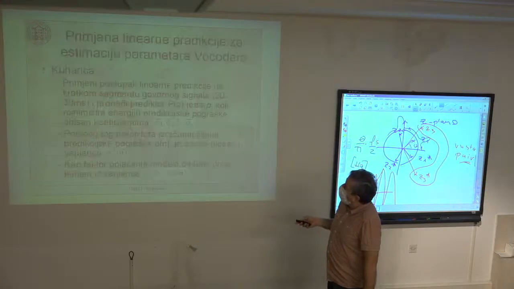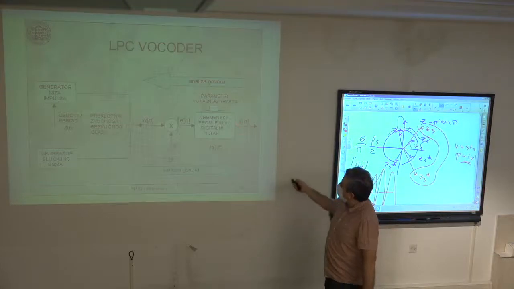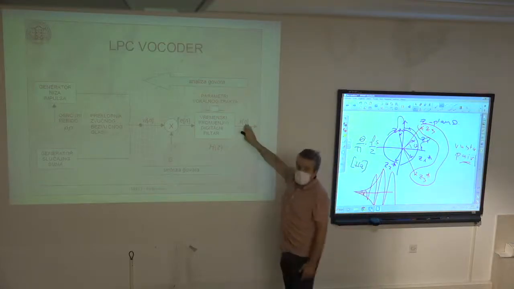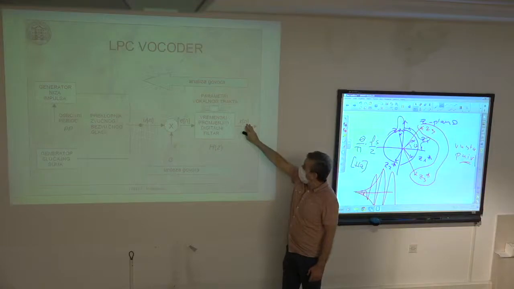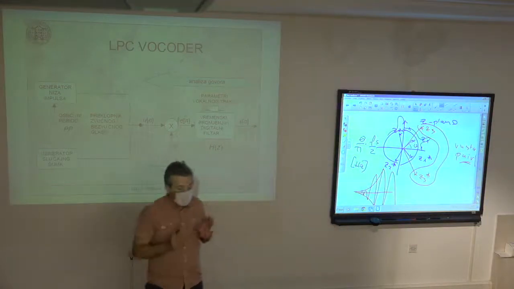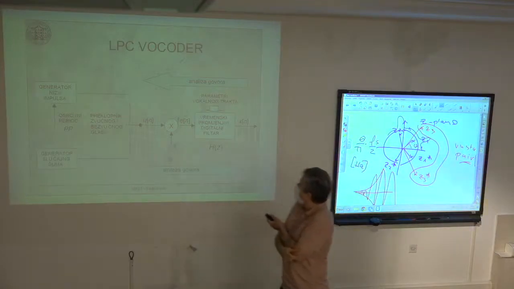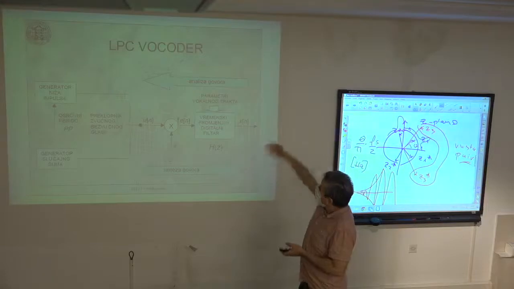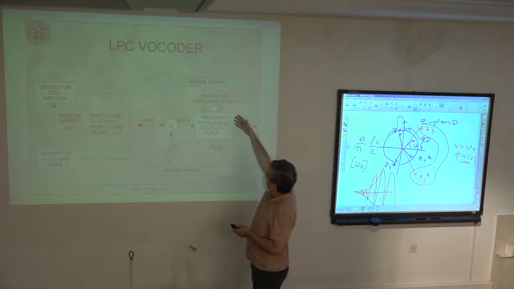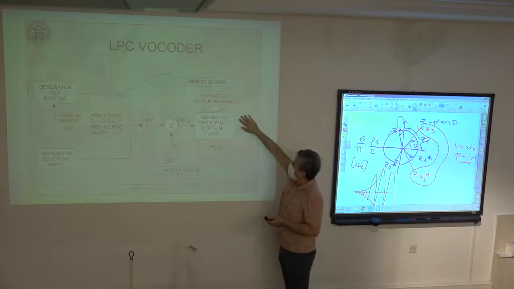So that is the only criterion: I want to have this X of n that sounds similar to the original sound. Its waveform doesn't have to be identical to the original waveform. It only has to sound similar. And the idea is the following. You have the actual recorded speech waveform.